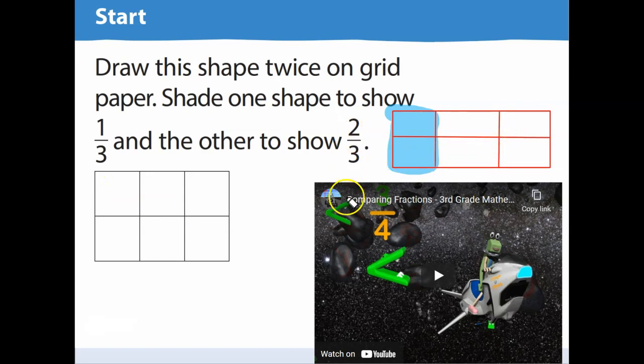If it says 2/3 though, how many sections would I have to color in? If for 1/3 I colored in 2 of them, for 2/3 I would have colored 4 of them. Even though there's 6 sections, technically it's 4/6, but 4/6 is equal to 2/3.